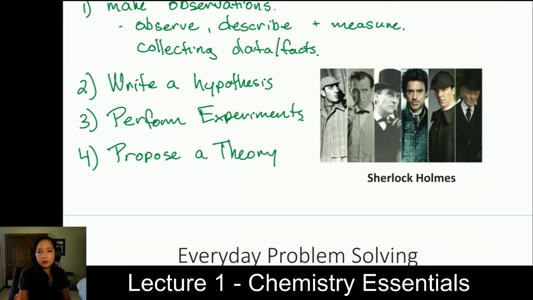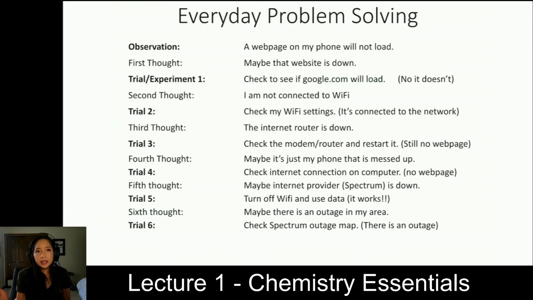And a theory is really just a more robust hypothesis. And of course, you need to continually test your theory, hopefully by different parties, to see if your theory holds true.